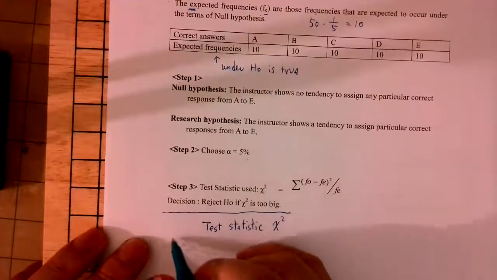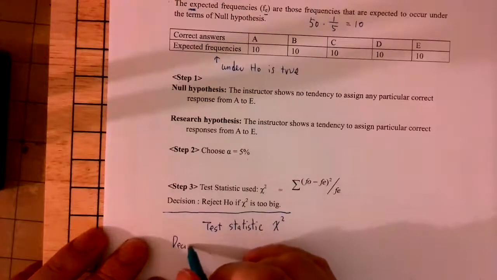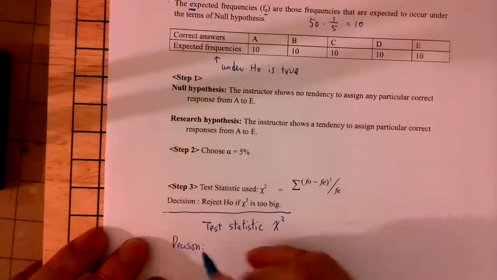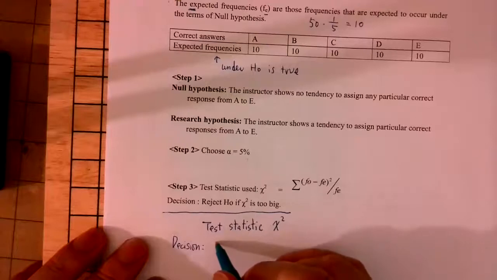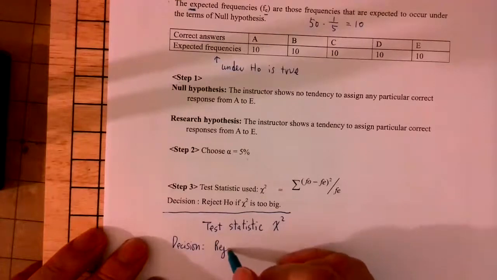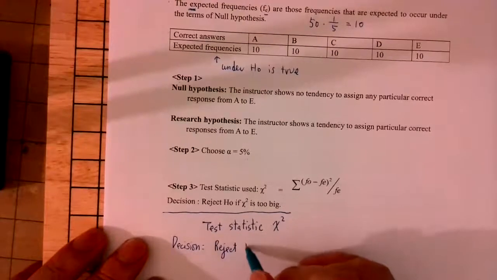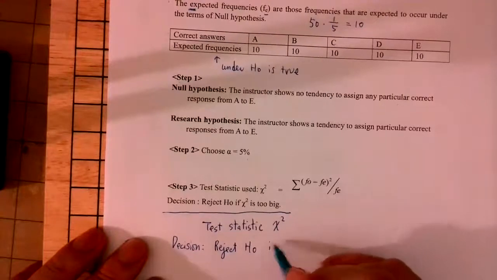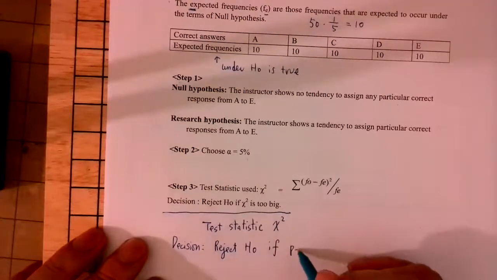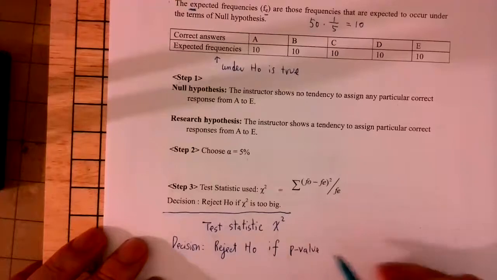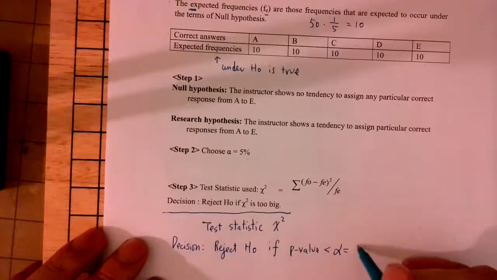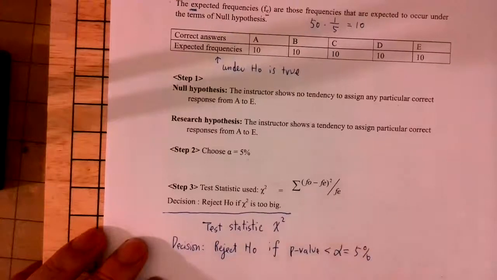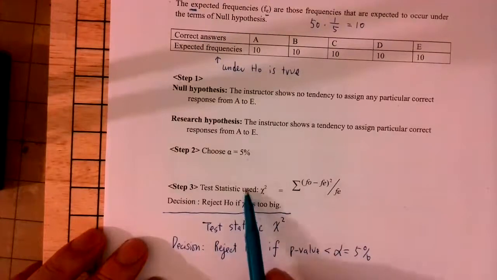And the decision is that we're going to reject H0 if the p-value is less than alpha equal to 5%. So I'm going to use these two. Let me begin with this one first.